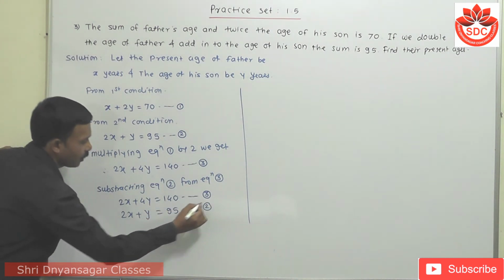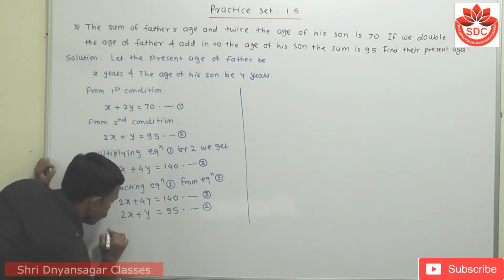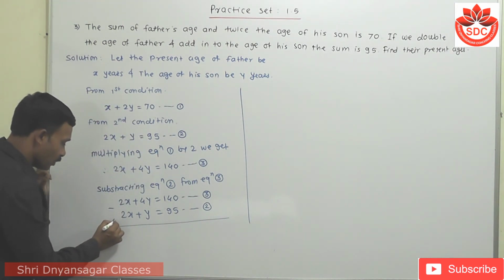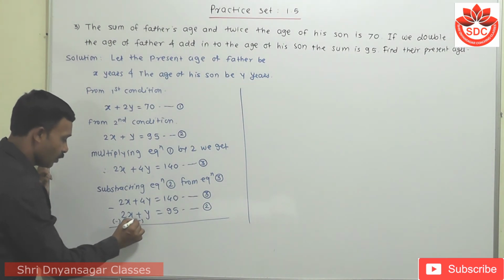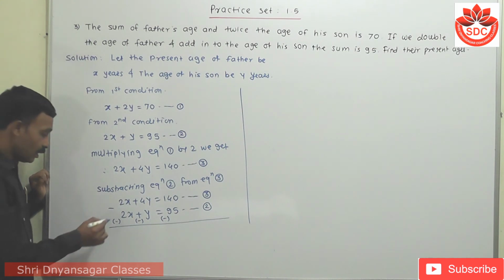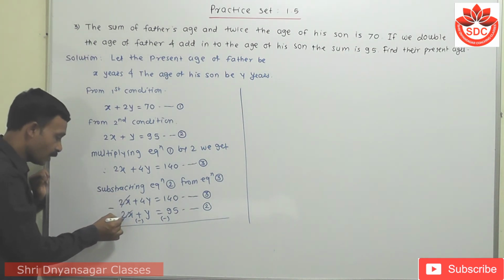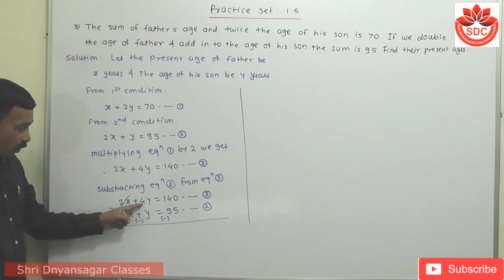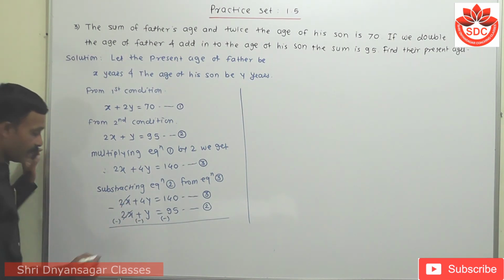This is equation number second. Student, when we subtract these two equations, then the signs of second equation will change. This is minus, this is also minus, and this is also minus. Then this 2x and this minus 2x get cancelled. From this 4y we subtract this y, we get 3y.